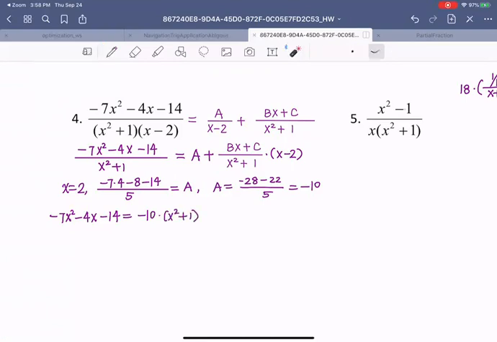Then plus, okay, this guy times x squared plus 1, this guy is gone. We have here, this guy times x squared plus 1 is here, -10 plugged into a. This term times x squared plus 1, the denominator is gone. We are going to take care of this top one.